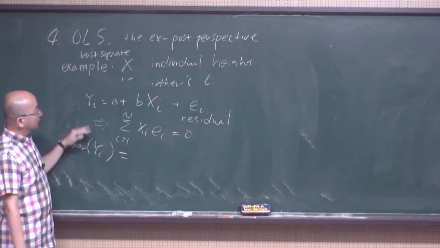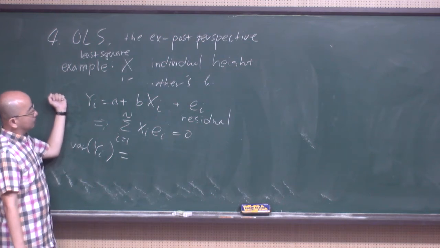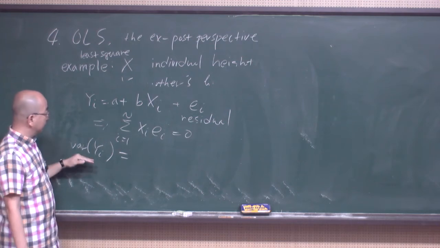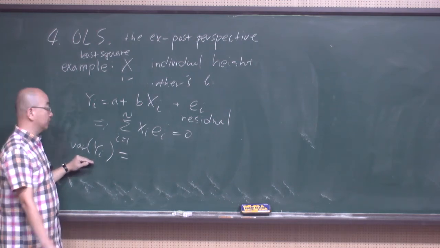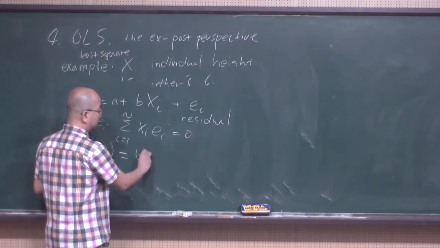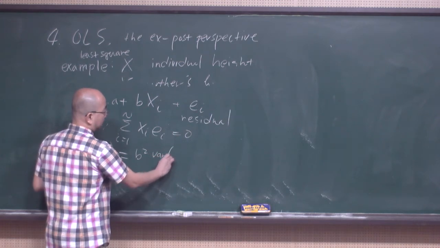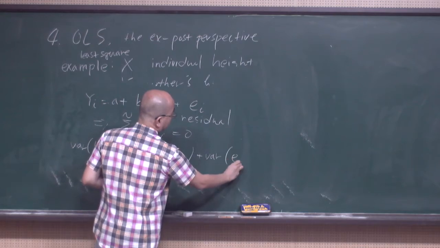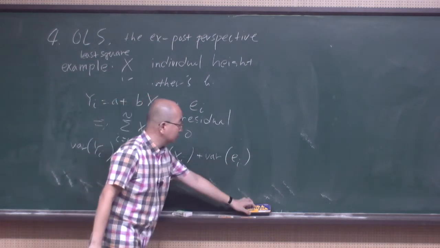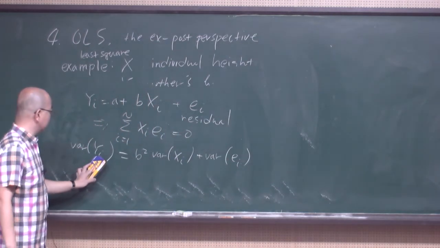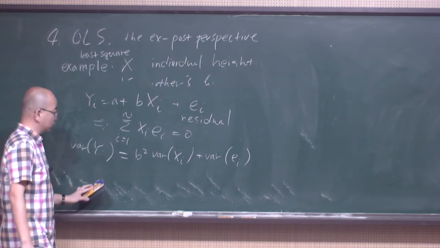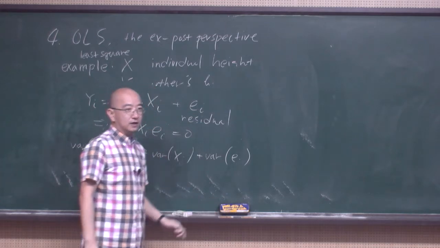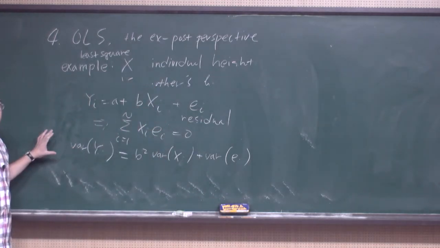So in the end, after you determine the least square regression line, variance of y must always equal b squared variance of x plus variance of e. And not to confuse you further, let me drop the i subscript, because when you add i subscript, it's a bit confusing what we are talking about.